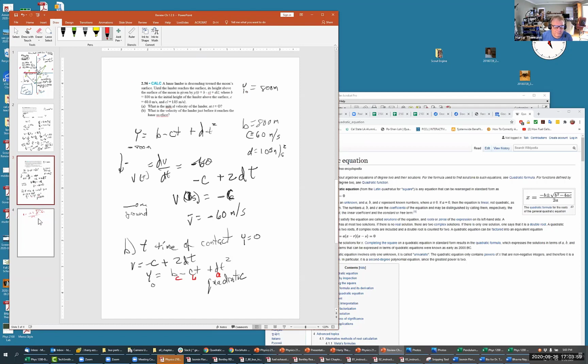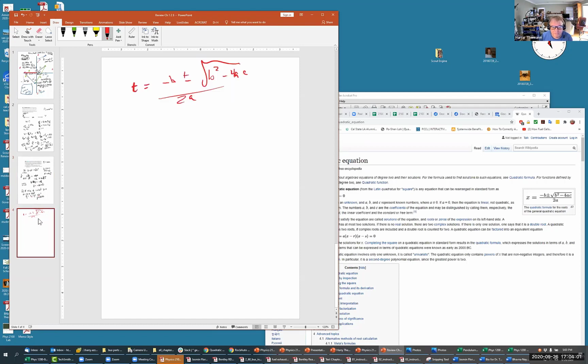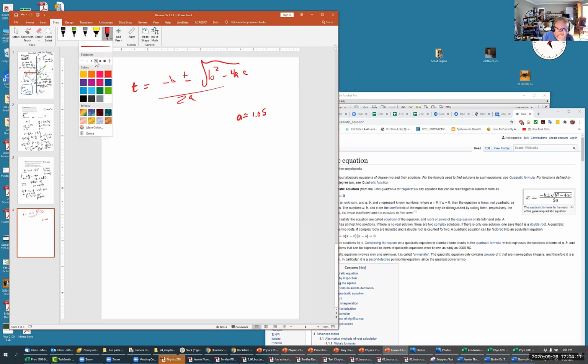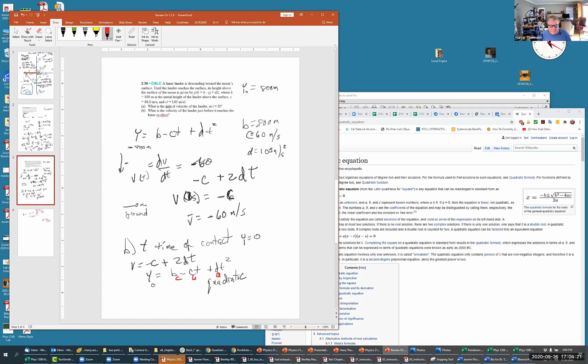So a equals 1.05. And I wonder if the units matter. That's a funny thing. It has to, right? This will be an interesting thing to see if the units come out right.